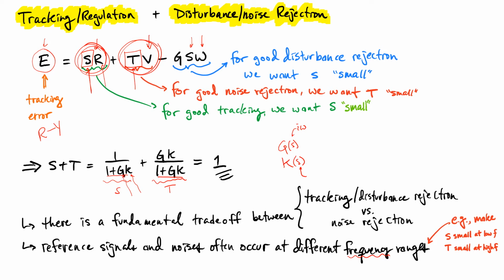But in general, the idea is that S and T are also functions of little s, the Laplace variable. That means we're going to take advantage of the ability to change the value of S and T at different values of s.